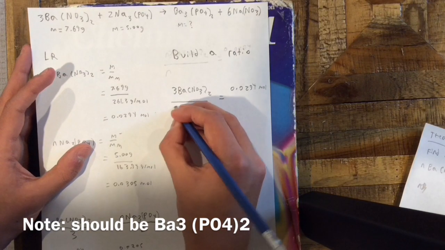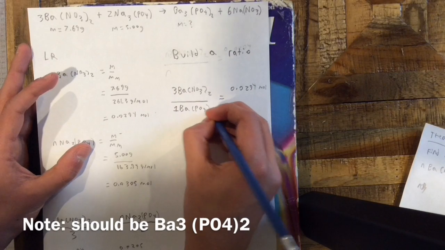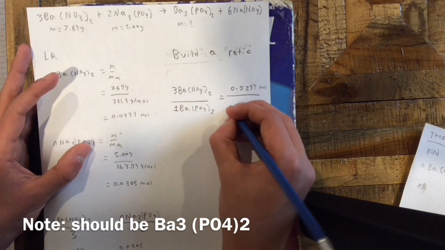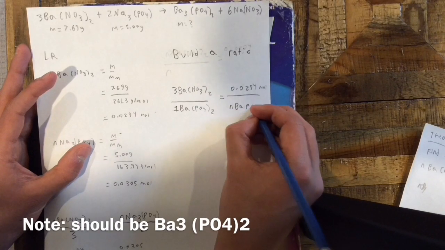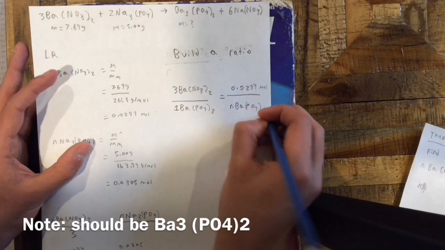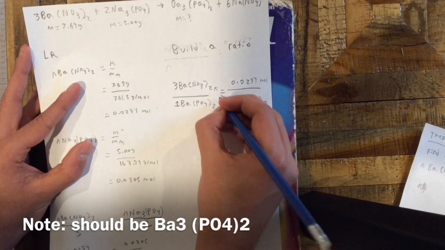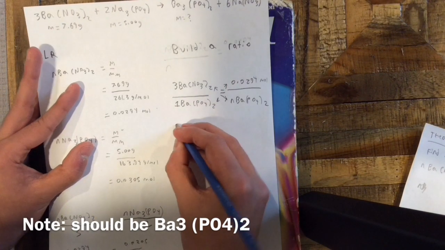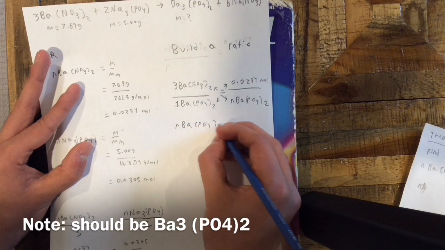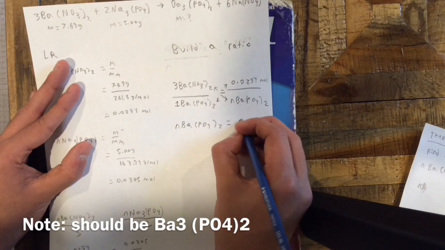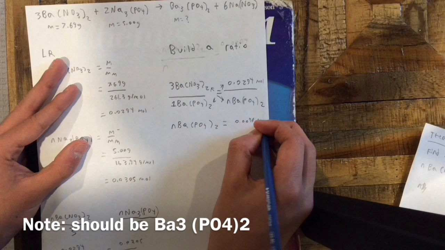We're going to put that under here. And then we need to find the number of moles of barium phosphate. Alright, so once we cross multiply them, that's our next step. We find the number of moles of barium phosphate is equal to 0.0098 mole.